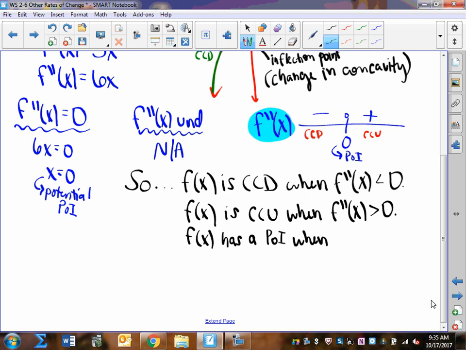Can we abbreviate CCD and CCU? Not in our justifications. But I will say oftentimes they ask more about increasing and decreasing for justifications. But yeah, it's not one of our abbreviations. So f of x has a point of inflection when my second derivative changes signs. And again, you don't have to specify which way it changes, just that it changes.